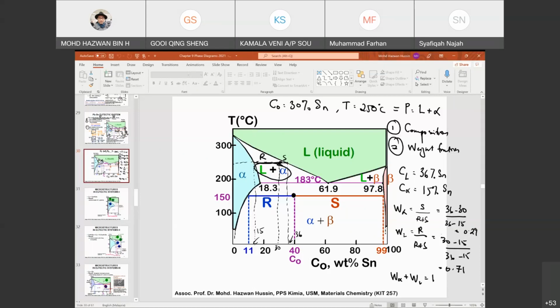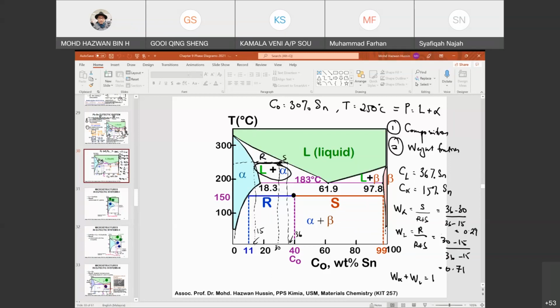Yesterday I also gave a quiz to see your understanding of the binary eutectic phase diagram. Referring to quiz one, some of you are doing well. You can understand the basic concept of the lever rule and also the isomorphous phase diagram.